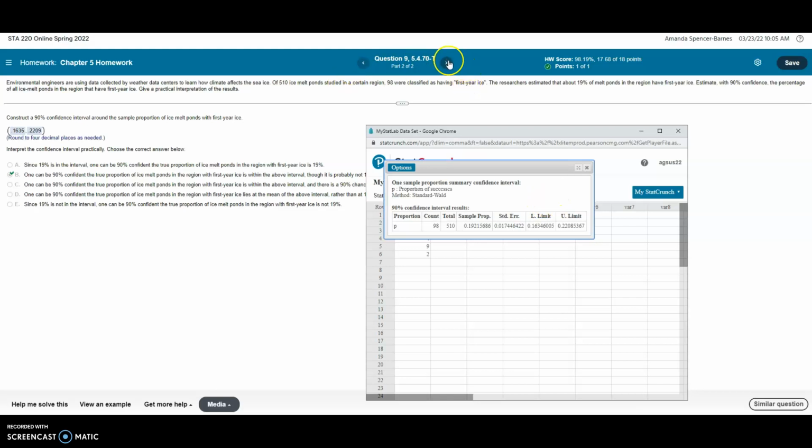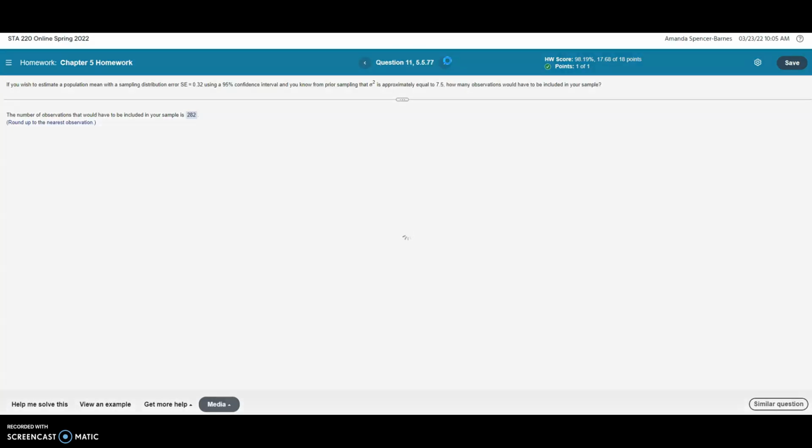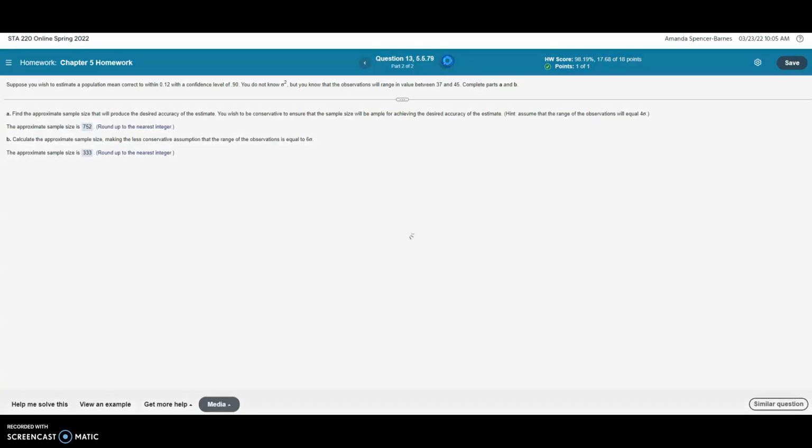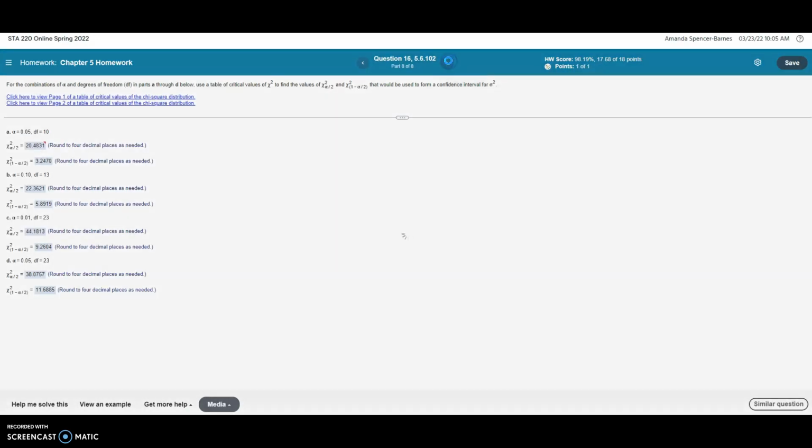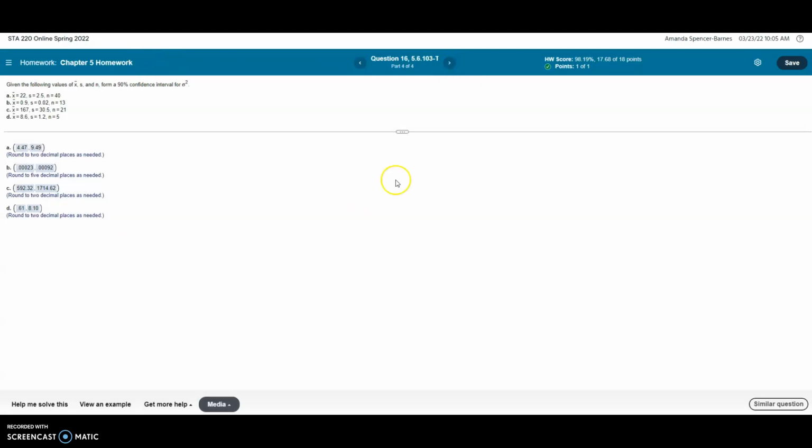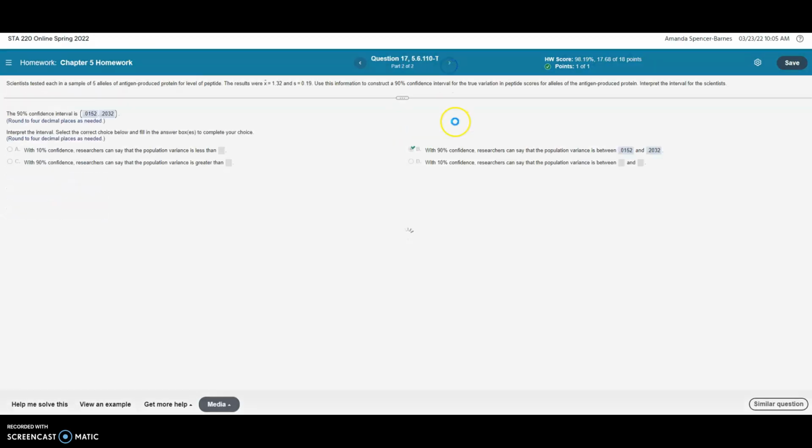And now I'm going to move on to question number 17 with a variance question. 16 and 17 on this homework set are both really similar in that they are variance questions, but what the question actually gives you in terms of information is the standard deviation.